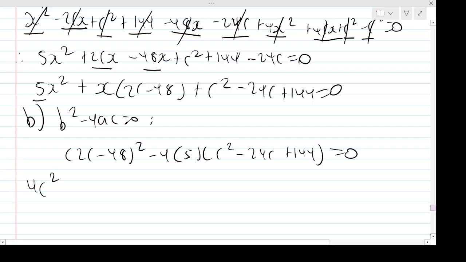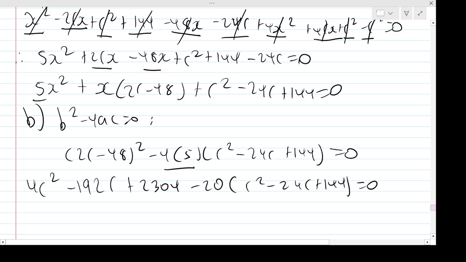Then 2r times minus 48 would be minus 96r, but then another minus 96r would be minus 192r. Then minus 48 squared would be 2304. Then we do minus 4 times 5 is minus 20 of r squared minus 24r plus 144 equal to 0.